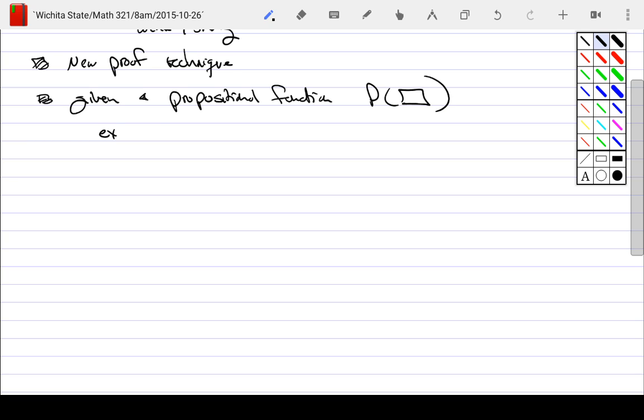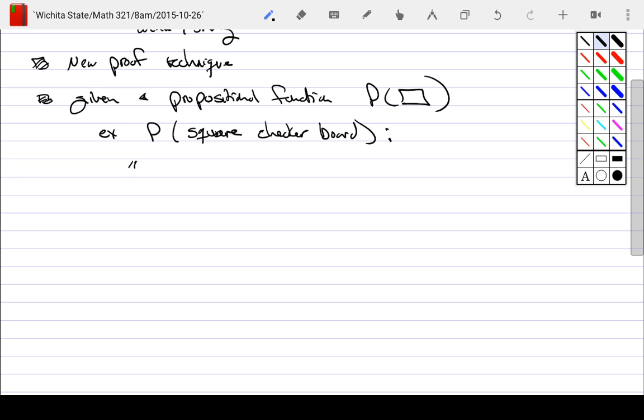So for example, P of, say, a square chessboard, or might say checkerboard. What does this denote?